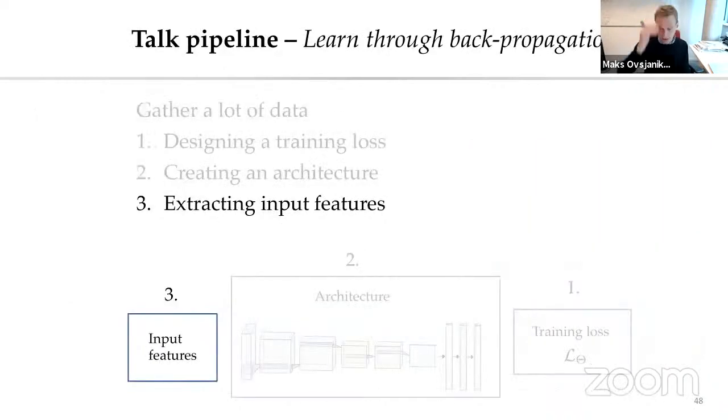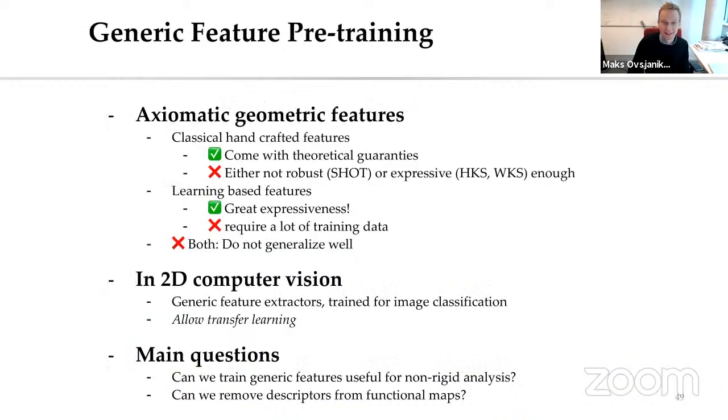Now, maybe in the rest of my talk, which I have like 10-15 minutes, I want to talk about the last bit, which is how do we extract input features? This is some of the more ongoing work, and I find it kind of exciting. The first motivation is that in the 3D domain we have a gap compared to what exists in standard computer vision.